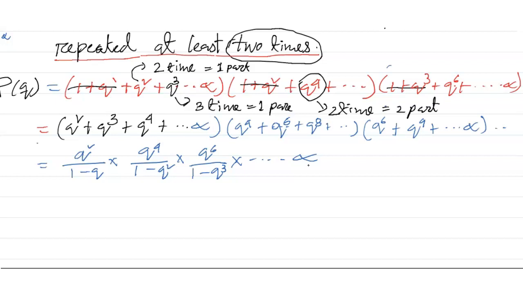So it can be written this way: summation m equals to 1 to infinity q to the power 2m divide by 1 minus q to the power m.